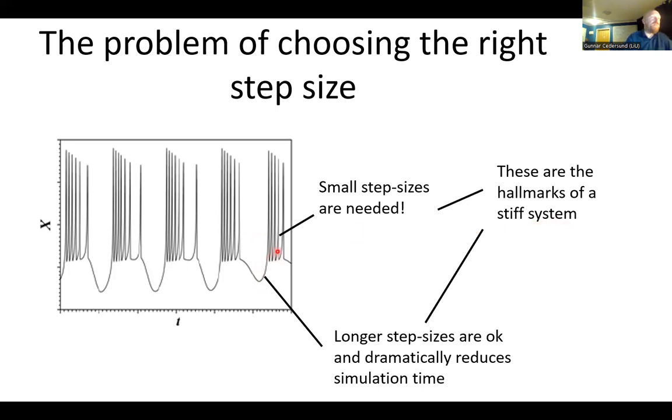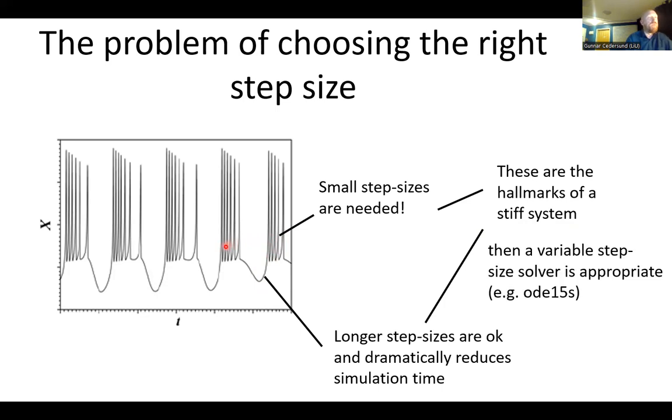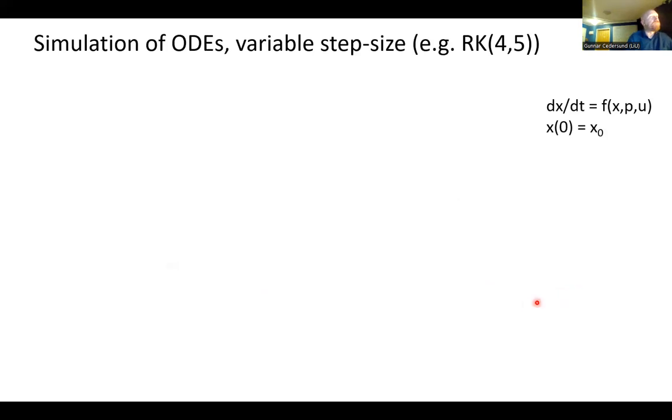You have different timescales, so you need to drastically change your step size. Then you need a variable step size solver that takes different step sizes at different points. It needs to figure out all the time how long the step size should be. And if you're in MATLAB, you can add an S to the algorithm. So not ode15, but ode15s, because it's a stiff problem.